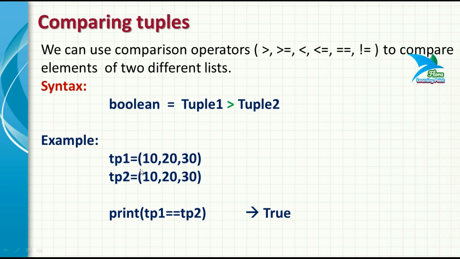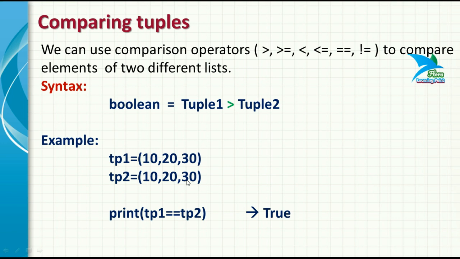a boolean value. For example, here we have two different tuples, tp1 and tp2, and the system will always compare the zero position element of one tuple with the zero position element of the second tuple. After comparing the zero position element, the system will compare the one position elements.